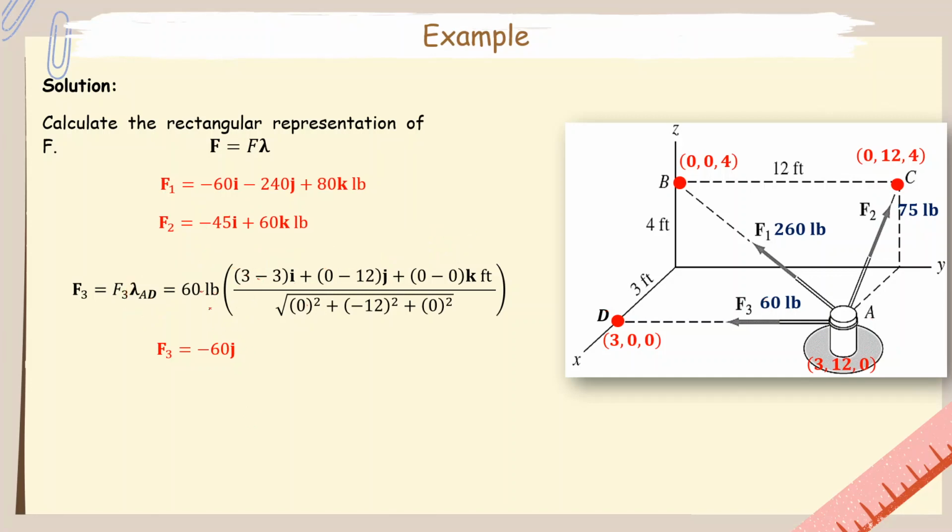Isa-isa na siya ha. So, 0 man ni. So, 0 din ito. So, ang mabilin, negative 60J. Okay, so, natapos na natin ang second step wherein ginawa nating rectangular representation ang lahat ng forces. Kibali, ginawa nating vector form lahat ng forces.